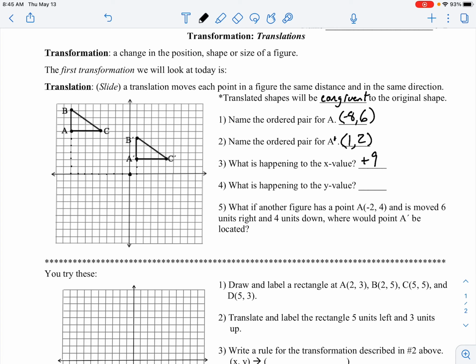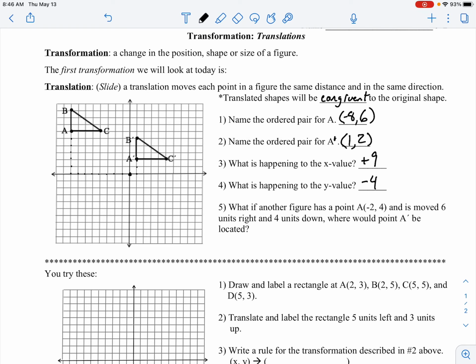It moved to the right because we added 9 to it. So to get from -8 to 1, we add 9. And what happened to the y value? Well, because it slid downwards, it went in the negative direction in the y direction. So it looks like we subtracted 4, because to get from 6 to 2, we minus 4.